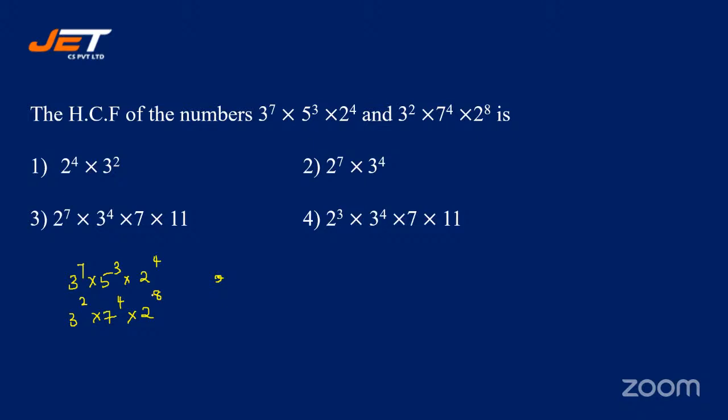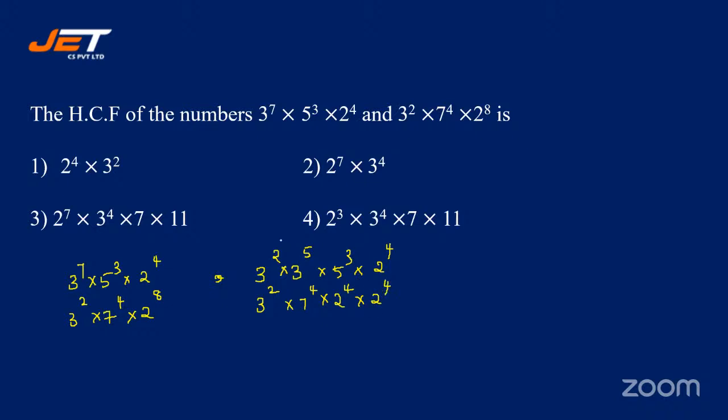Clear? So this we can write it as 3 square in terms of 3, then 3 power 5, right? Next 5 cube into 2 power 4 only, right? So here we can write it as 3 square into 7 power 4, and 2 power 4 into 2 power 4.